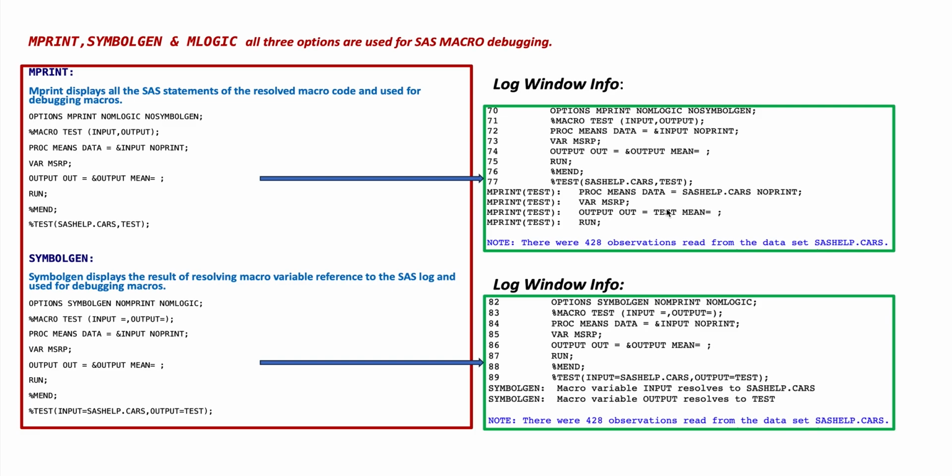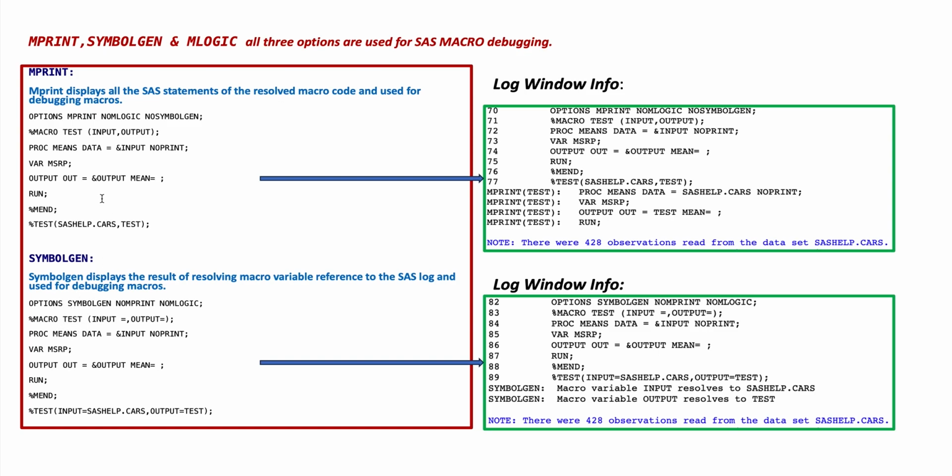Second one is symbolgen. Symbolgen displays the result of resolved macro variable references in the SAS log and is used for debugging purposes. That means in the case of symbolgen, it displays only the resolved macro variable value. Here we use options symbolgen, nomprint, nomlogic. That means only symbolgen is activated.